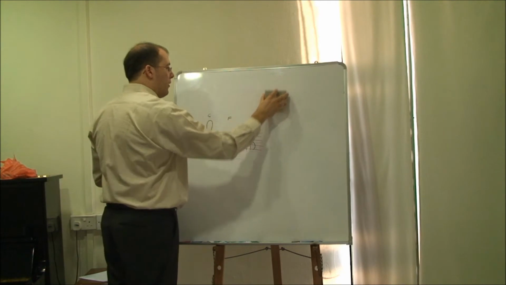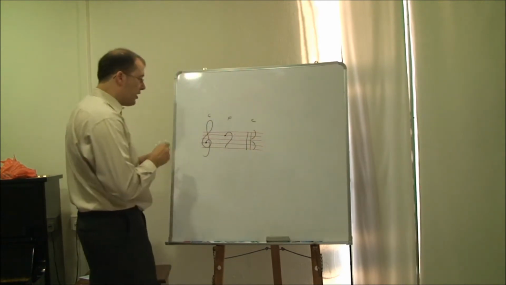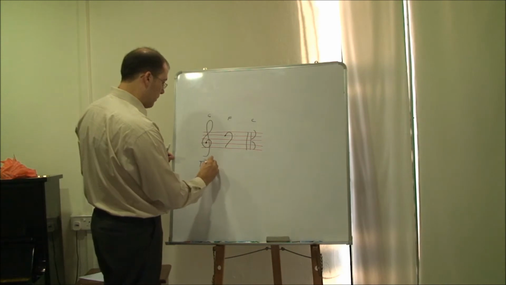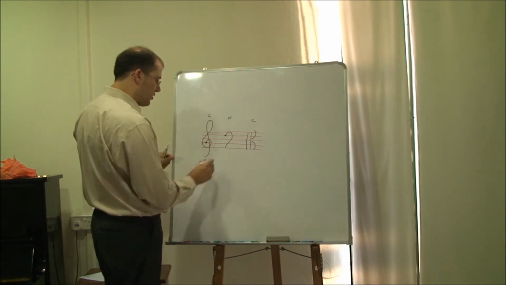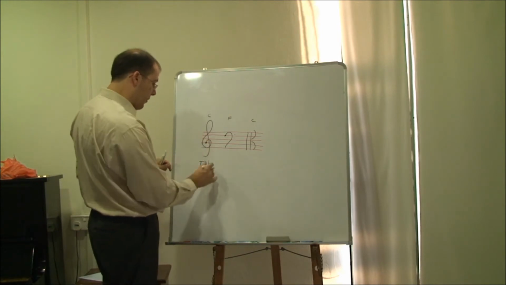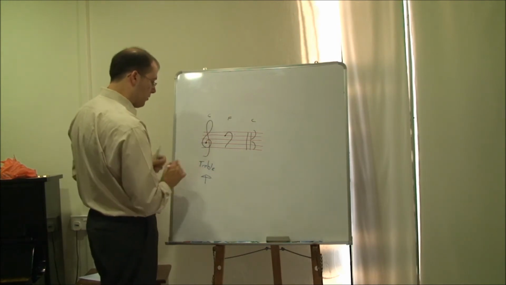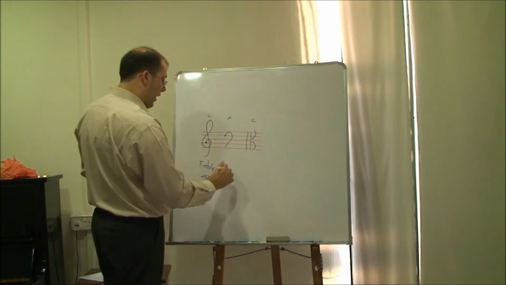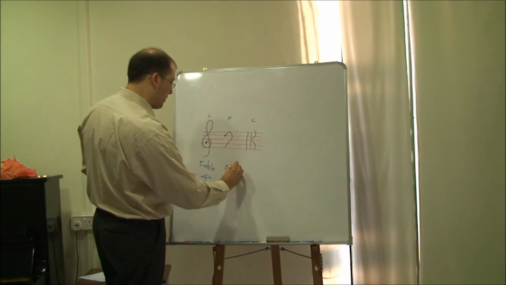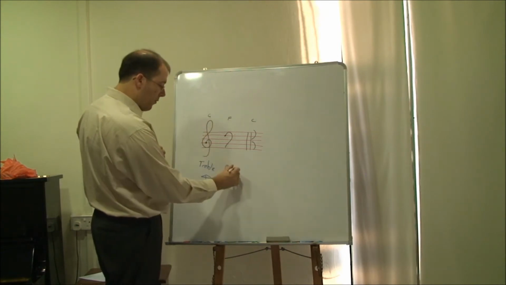Now, the other name for the G clef is treble. And treble is just another name for soprano, which is the high pitch. So I'm just going to put a little arrow up there. And the other name for the F clef is bass, which is the low pitch.